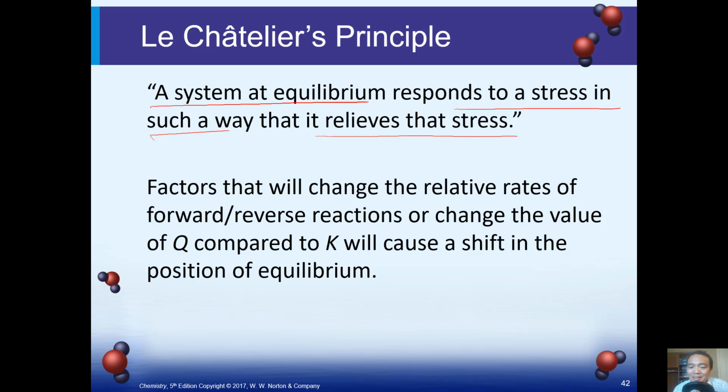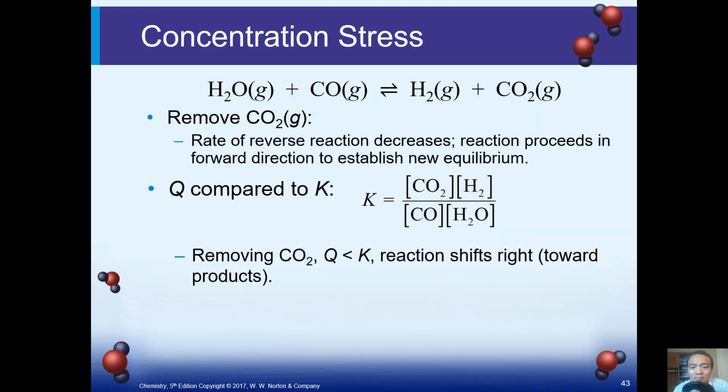All right, so let's look at an example. For example, if you remove CO2 over here, so you have less CO2. Hey, remember, the reaction is at equilibrium to begin with. If you remove CO2, now you have less CO2 than you need at equilibrium. So to re-establish equilibrium, the reaction will shift to the right side.